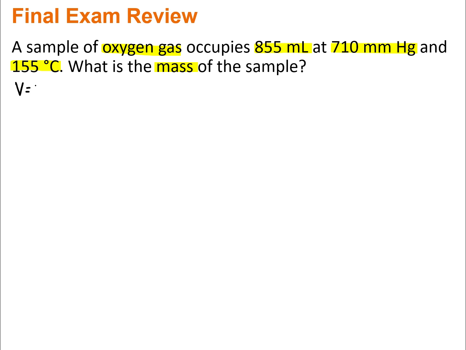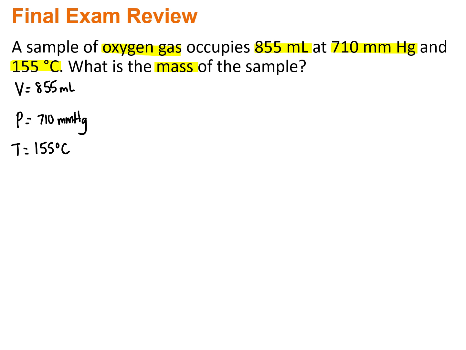We've got a volume of 855 milliliters, a pressure at 710 millimeters of mercury, and a temperature of 155 degrees Celsius. We have to figure out the mass of the sample.